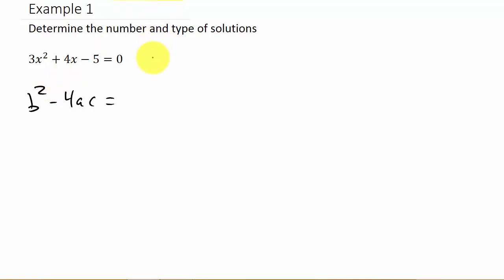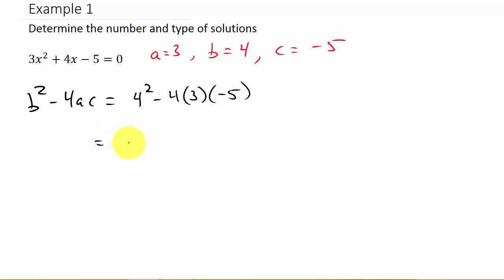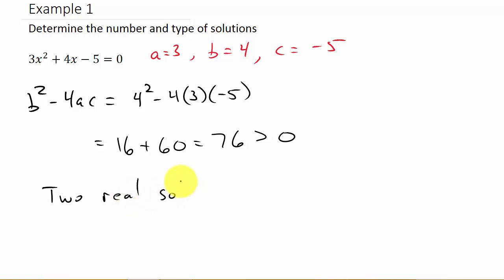Here a is equal to 3, b is 4, and c is negative 5. So let's plug it in. I get 4 squared minus 4 times a times c, and that's going to give me 16 plus 60, which equals 76. And 76 is positive, so that means I will have two real solutions.